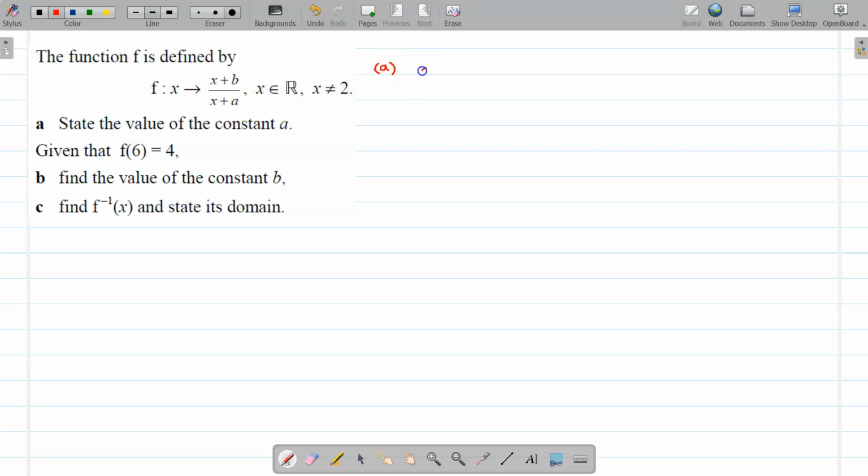So we can just state that a equals minus 2, and although it doesn't ask for a reason, we could just say that 2 minus 2 equals 0, and therefore you can't divide by 0. And that's answering that question.